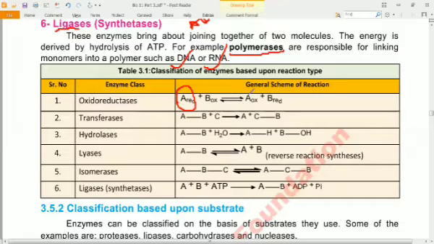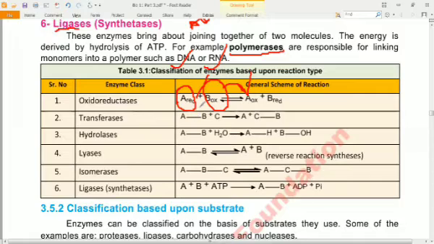If one is reducing and the other is oxidizing, they can change like this: from one, electrons are removed and the other is taking. So one product will be oxidized, the other will be reduced.